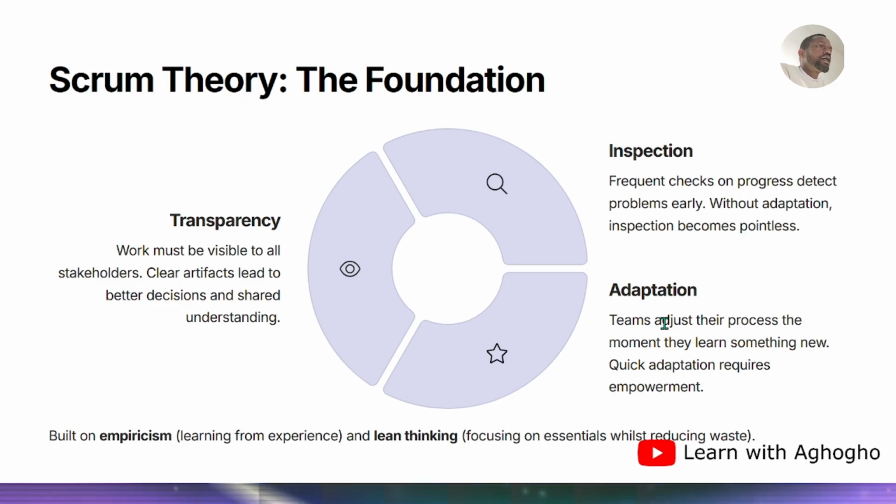Okay? Adaptation: teams adjust their process the moment they learn something new. Quick adaptation requires empowerment. These all link to building deliverables on empiricism. So we learn from experience when we have worked together. Okay?